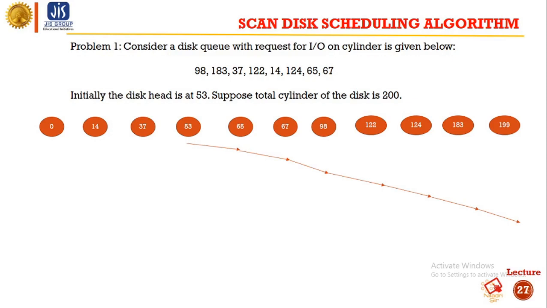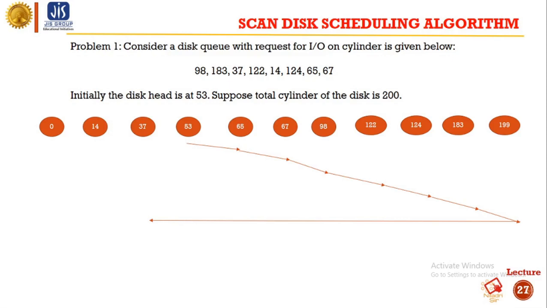So we have moved until 199. After that, from 199 we will move in the reverse direction. Now we will move to the first element that we find in the reverse direction.